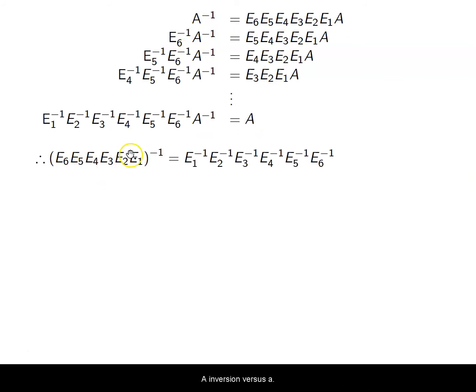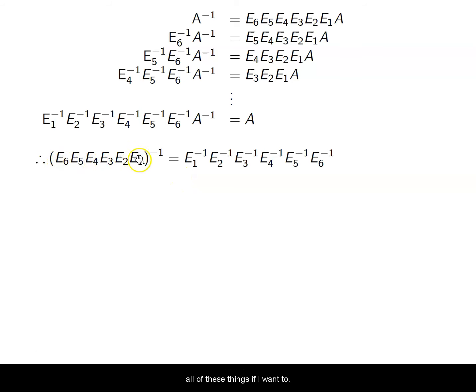So A inverse inverse is A, right? So if I took these and I took the inverse, I'm going to get out A. A is also equal to these things, so I can equate their parts. Okay, so do you remember what we said about taking the inverse of a product of, if I have A, B inverse, then I basically reverse the order and I inverse both of them. It's the same thing here.